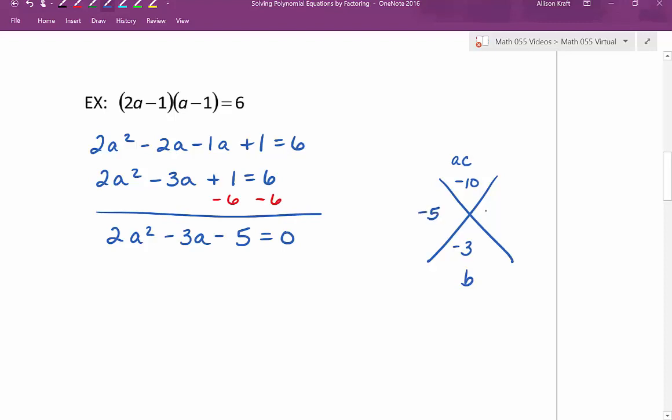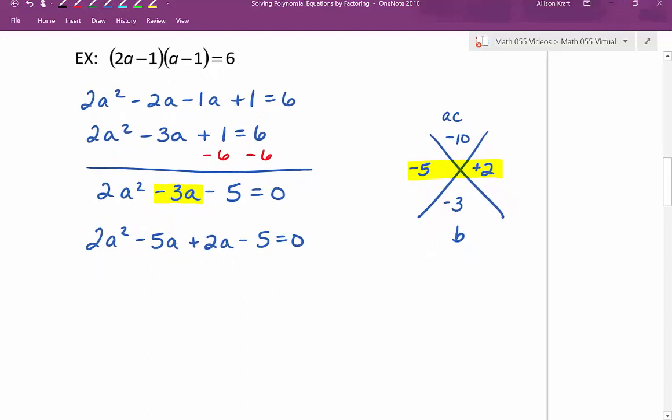Negative 5 and positive 2 work. We'll use these two numbers to strategically uncombine our middle term so that we can factor by grouping. 2a squared minus 5a plus 2a minus 5 equals 0.